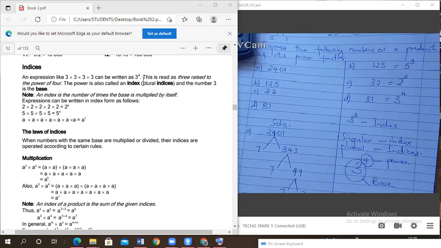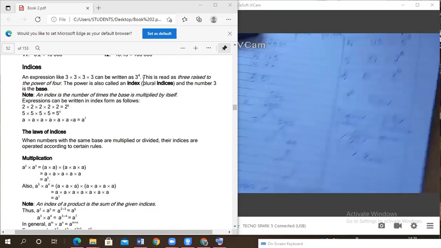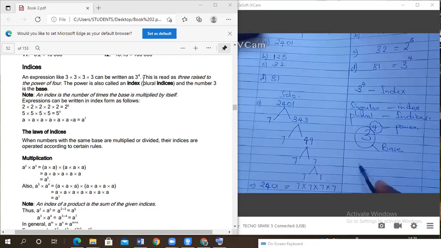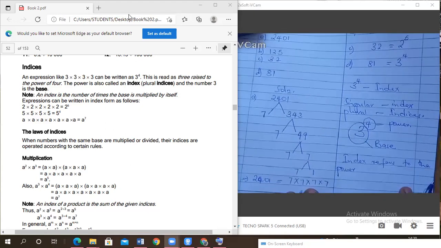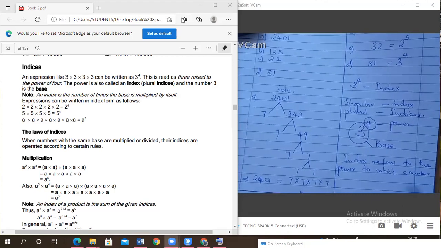So you write down: an index refers to the power to which a number is raised.